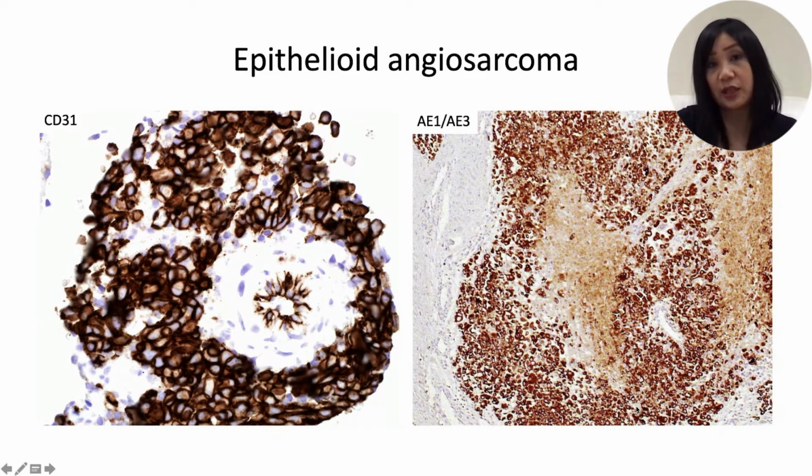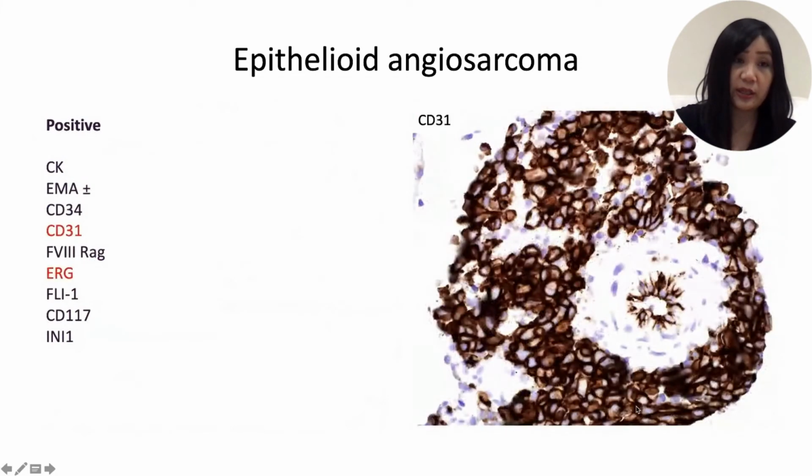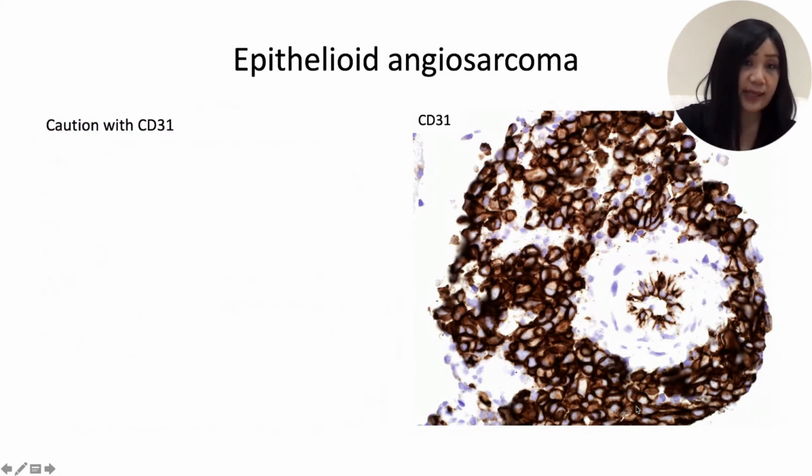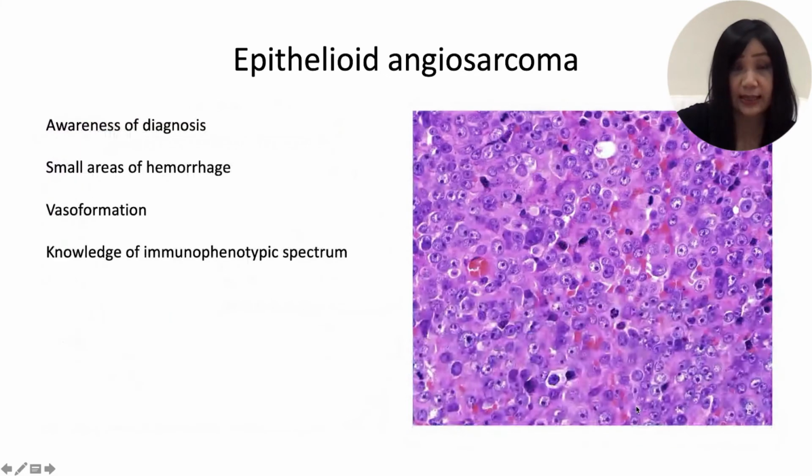And for a very solid tumour that we're going to call undifferentiated carcinoma, just remember that it could be just very solid looking epithelioid angiosarcoma. So again, keratin expression and a variety of markers associated with vasoformation. INI1 is always retained.